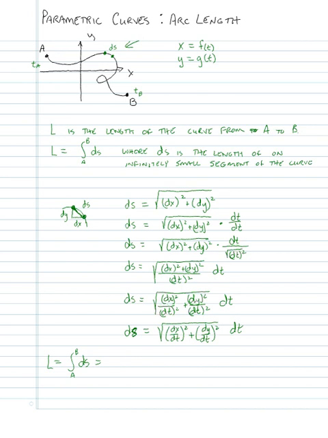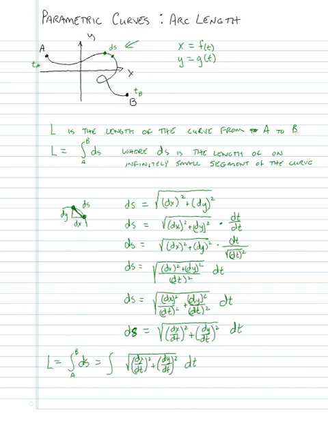So this is the same as the integral of the square root of dx divided by dt squared plus dy divided by dt squared, dt. But now, this variable is all in terms of t.